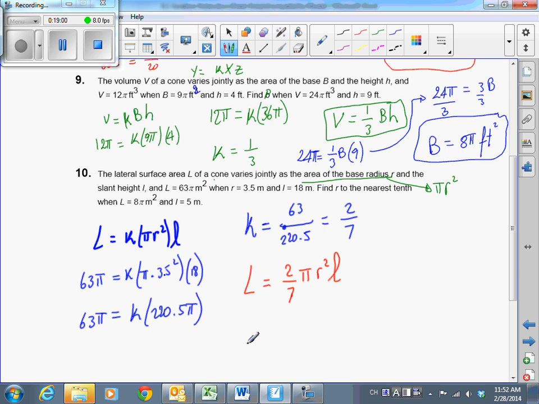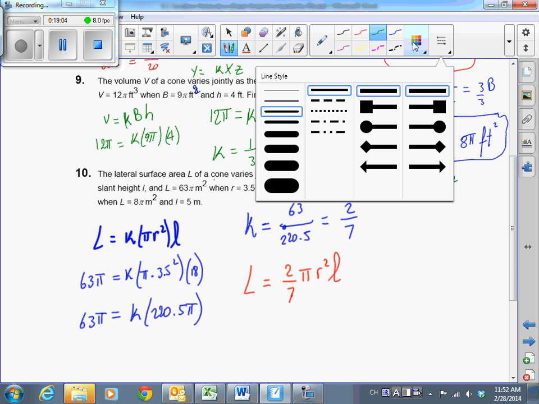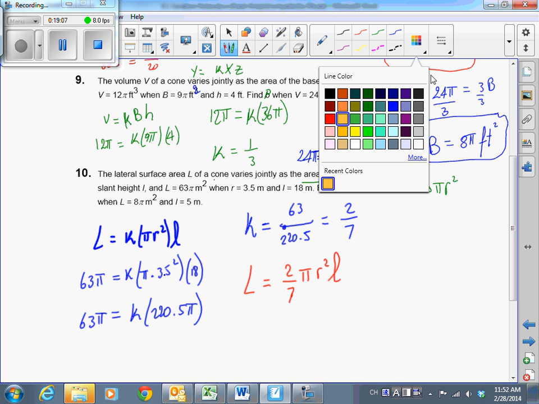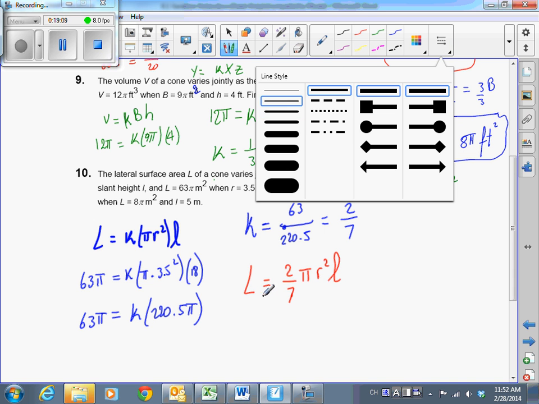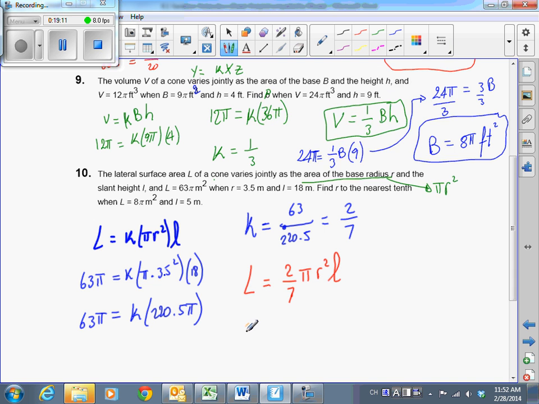Now let's go ahead and plug in to find the last one. It says L is equal to 8 pi. So I'll put 8 pi here. Can y'all see that? Okay. And I have 2 over 7. Remain 2 over 7. Pi remain pi.